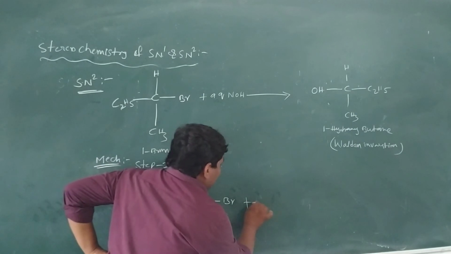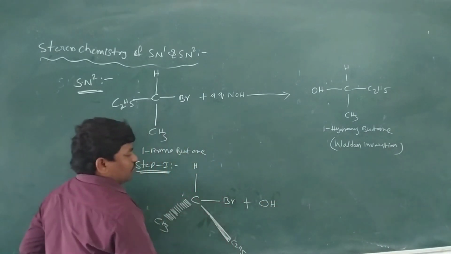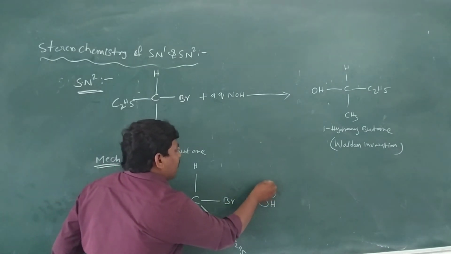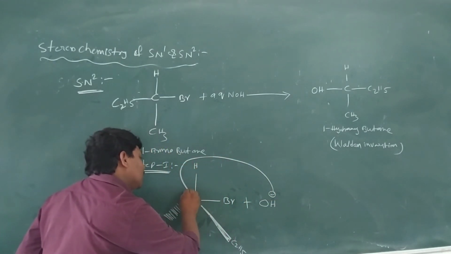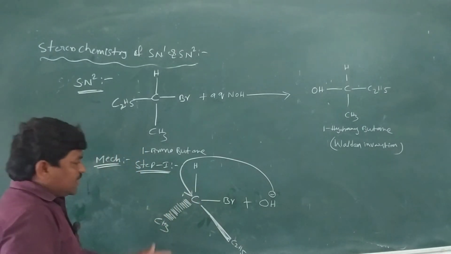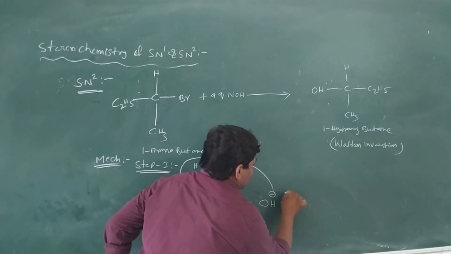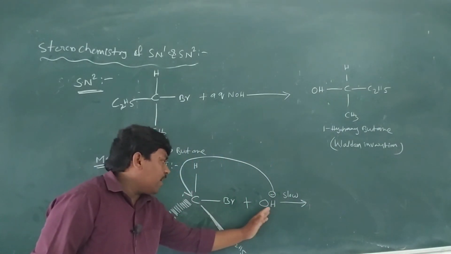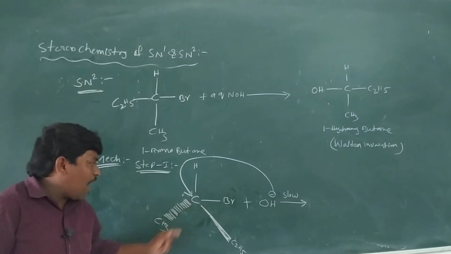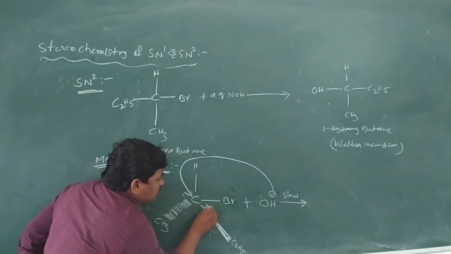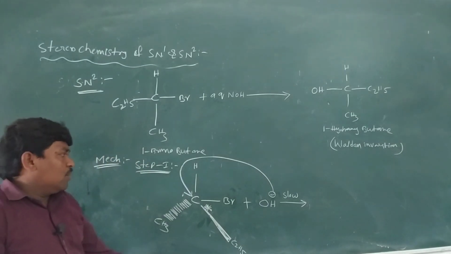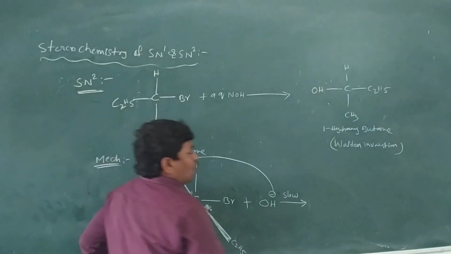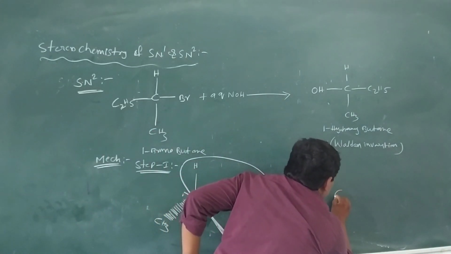It reacts with the nucleophile, OH minus. OH minus attacks only from the back side. This step is very slow. The nucleophile attacks the chiral carbon only from the back side to form the transition state.